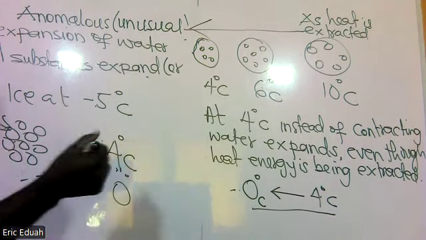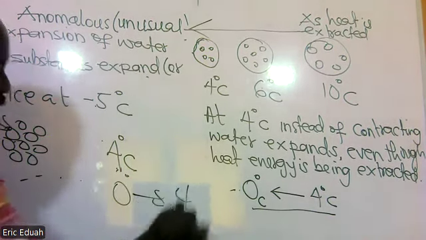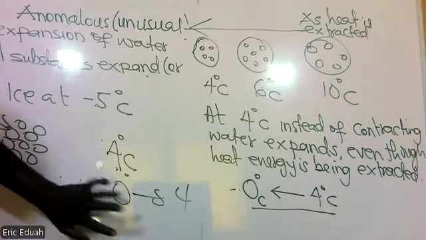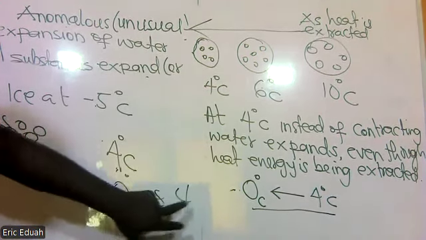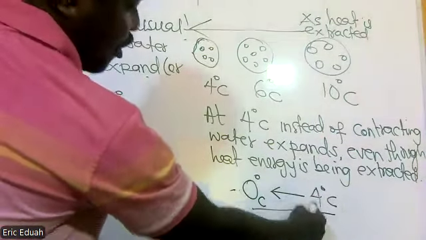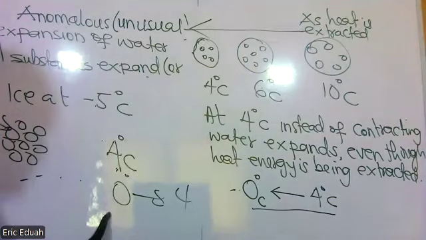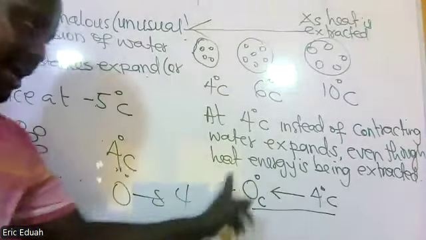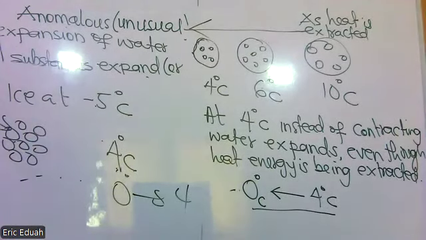Then when it gets to 0 to 4, instead of expanding, it contracts. So the change of state actually starts from 0 and ends at 4, just as when we are cooling it, it is from 4 to 0. So this contraction starts at 0, ends at 4. Starts at 4, ends at 0. So this is what happens. Yes, at 0, change of state will happen.